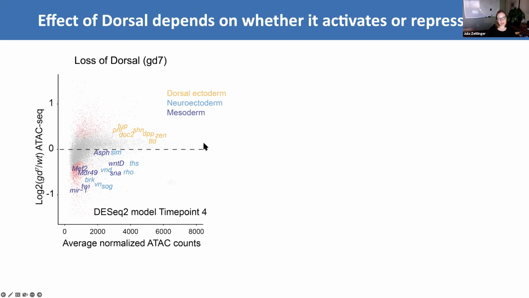The striking part is that genes that are repressed by Dorsal actually go up in accessibility, whereas genes that are activated by Dorsal go down in accessibility. So this suggests that it's not simply Dorsal binding that generates accessibility, but the effect that it has on enhancer activity that determines whether the accessibility goes up or down.